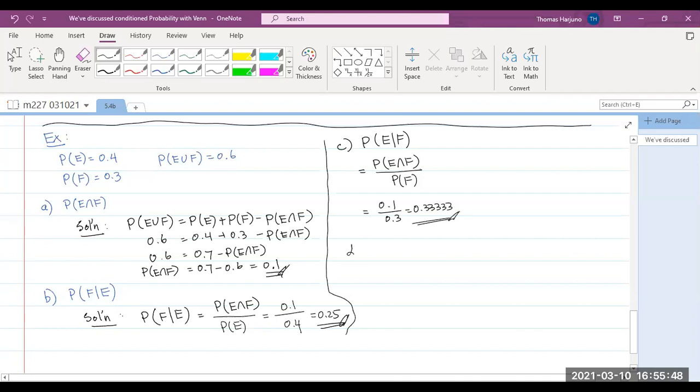So how about part D? Probability of E but not F. What you will do, you take the probability of E first, and then you cut away those for F. So that will be probability of E, 0.4, minus the probability of the intersection, 0.1. So probability of E and not F is 0.3.